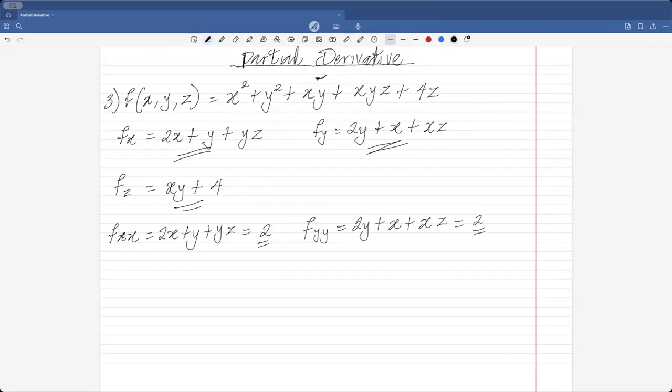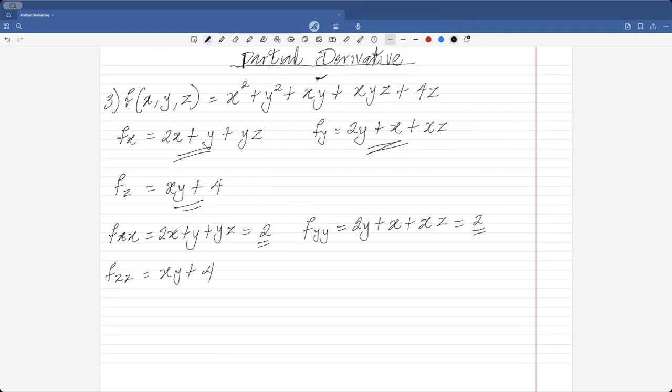For fzz, differentiating it twice, we have the first order differentiation as xy plus 4. Now, what is fzz? What is the final answer?